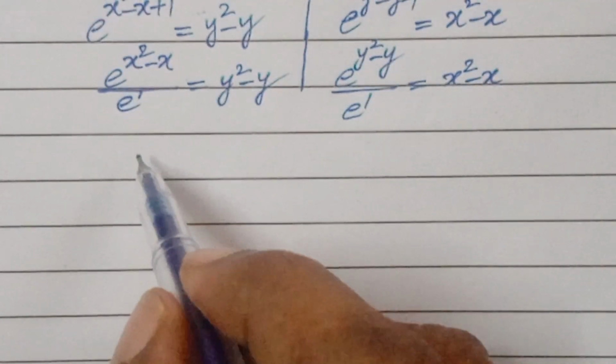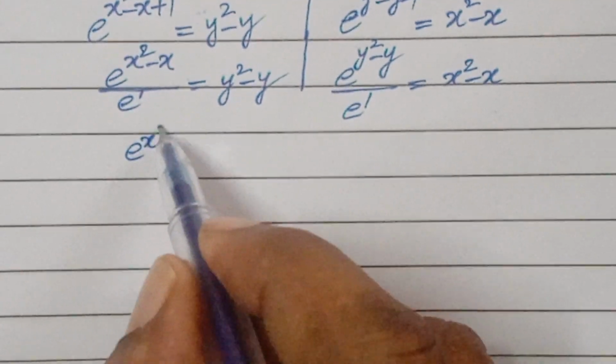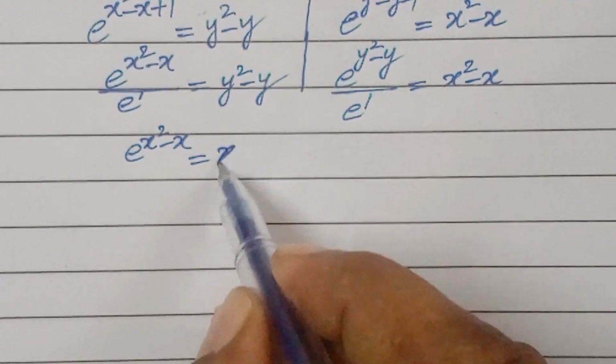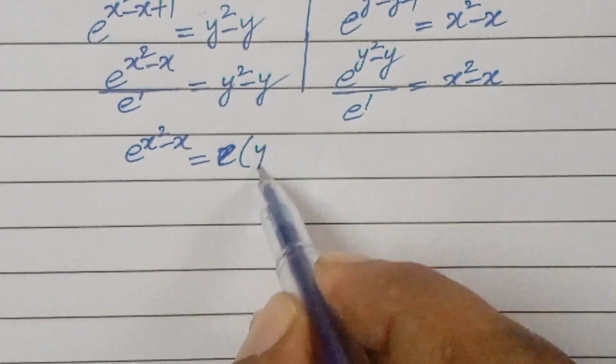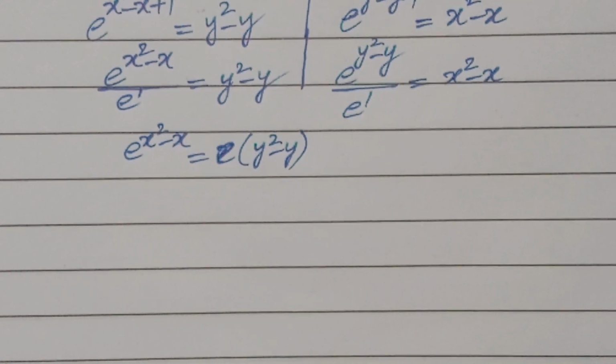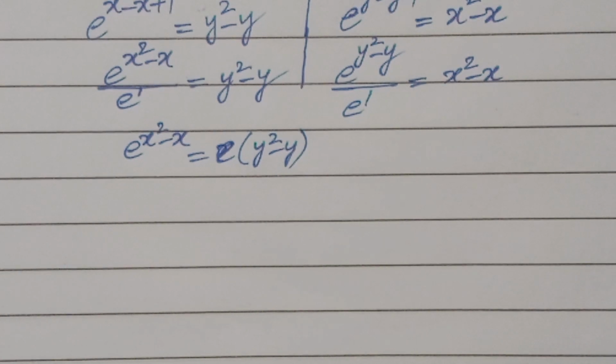Now, e to the power of x square minus x is equal to e into y square minus y.